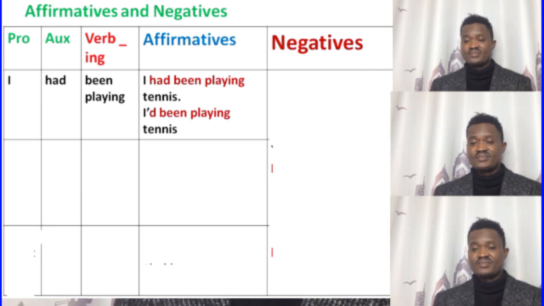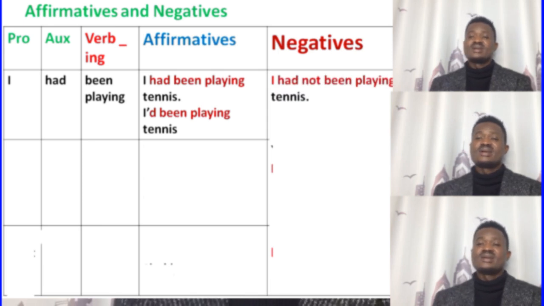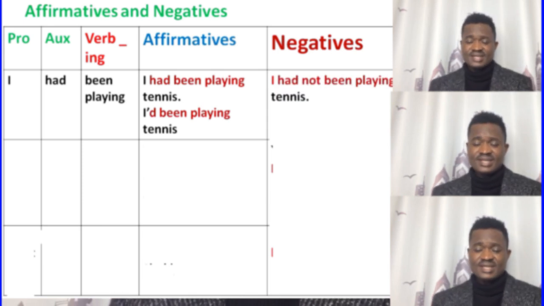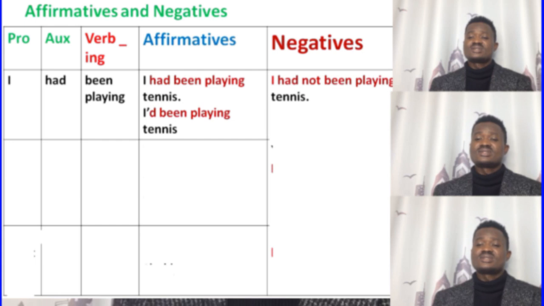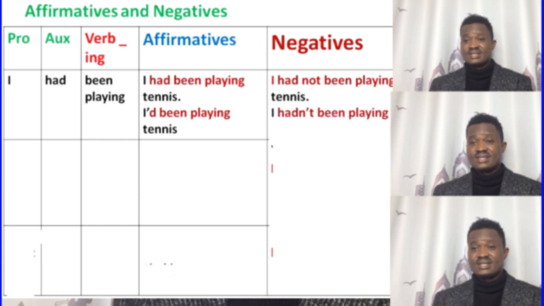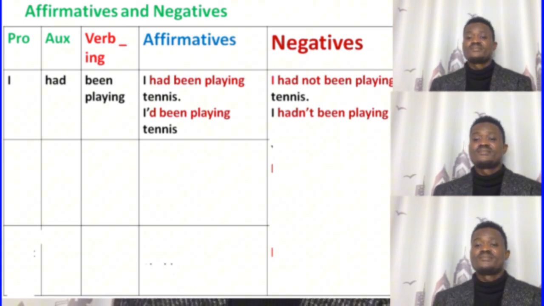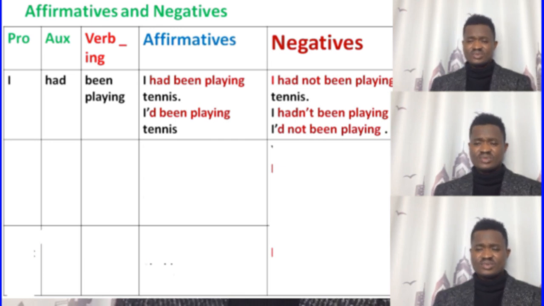So the negative form is going to be, I had not been playing tennis. I had not been playing tennis. The other way around, we can say, I hadn't been playing tennis. So the other way around also, hadn't been playing tennis. But with this form, be careful.